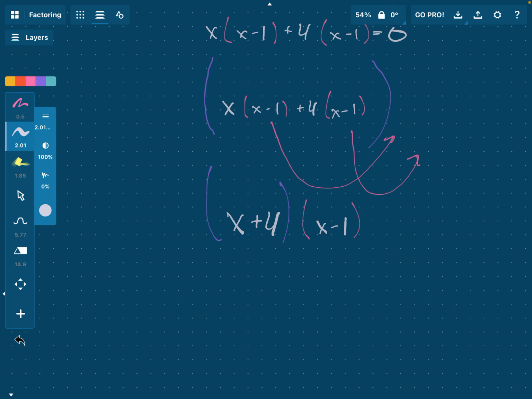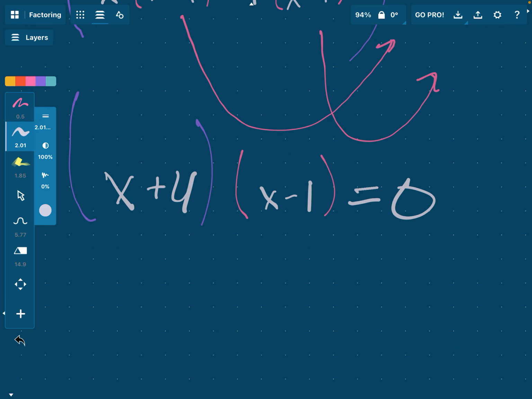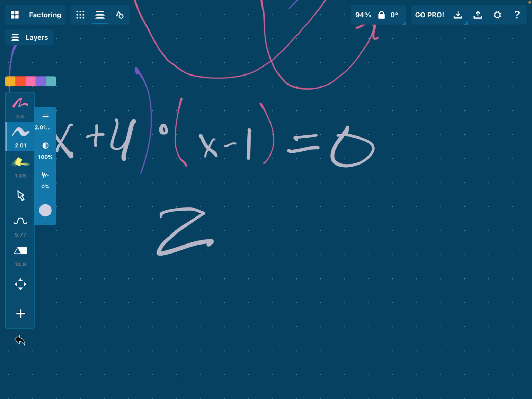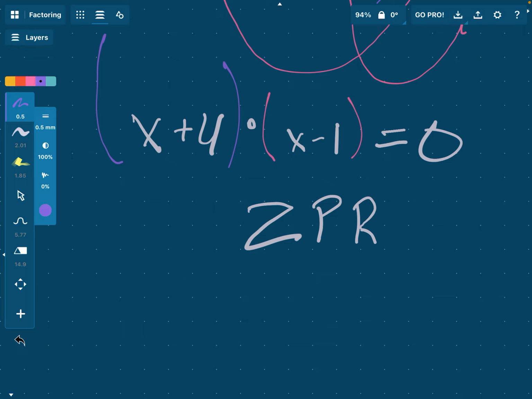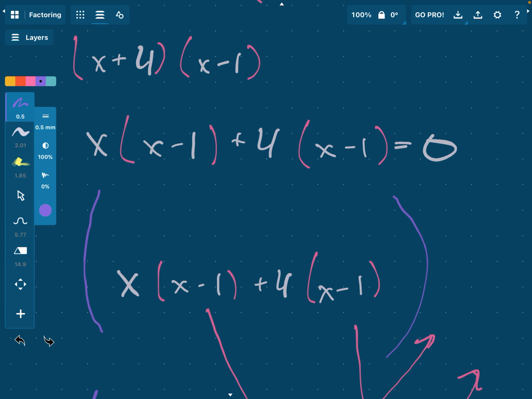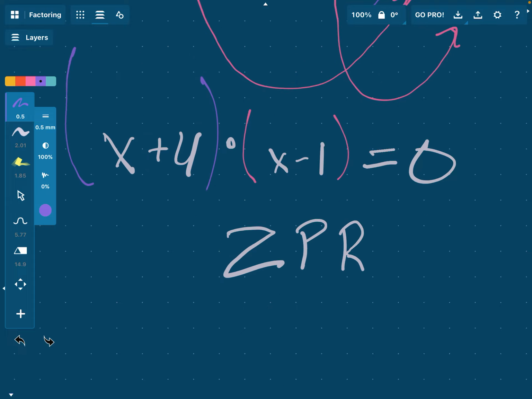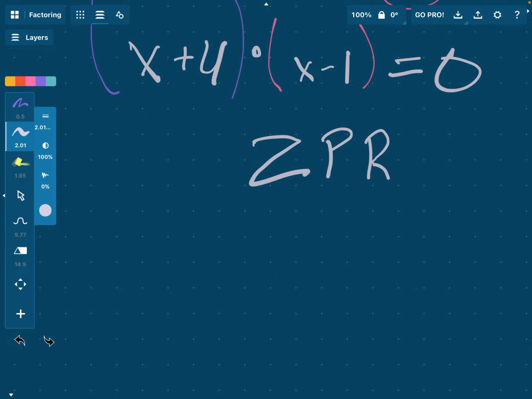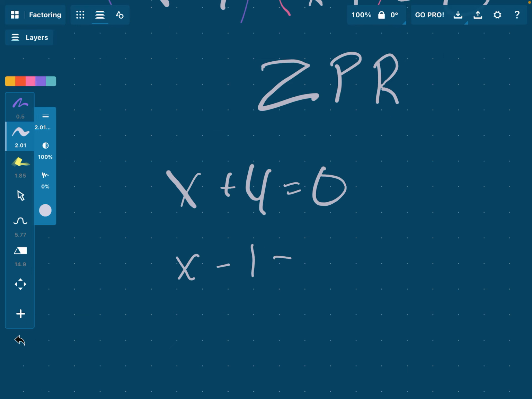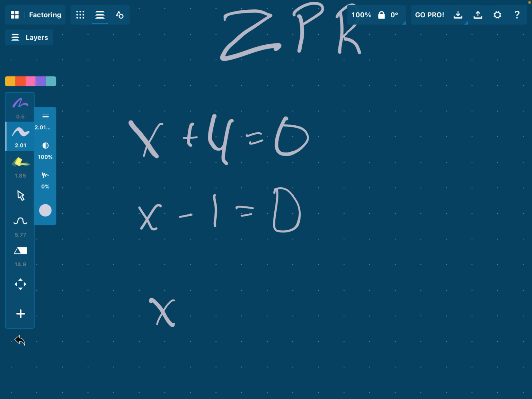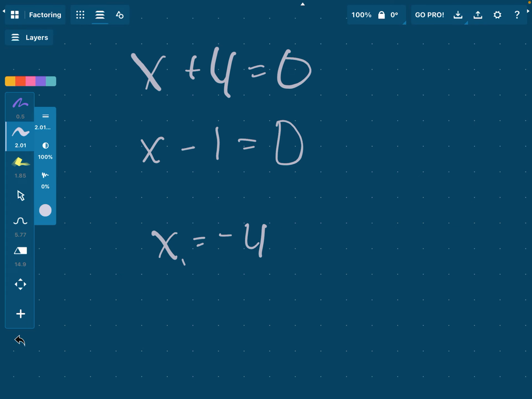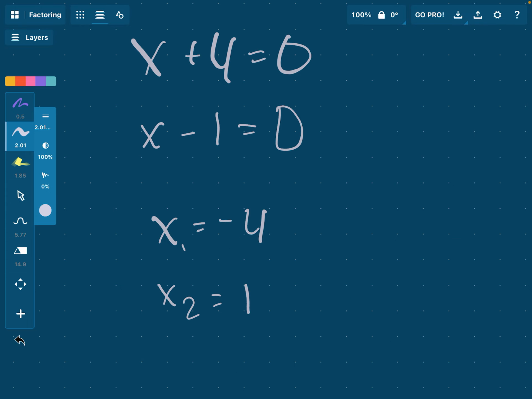So now that we have these two binomials and they're multiplying each other, we can use the zero product rule. That's an important key aspect of the zero product rule. They have to be multiplying each other, can't add them. That's why we have to do this extra step of factoring out the common binomial here in order to get that. So now we're left with x plus 4 is equal to 0 and x minus 1 is equal to 0. So that x is equal to negative 4 and our second root is going to be 1.